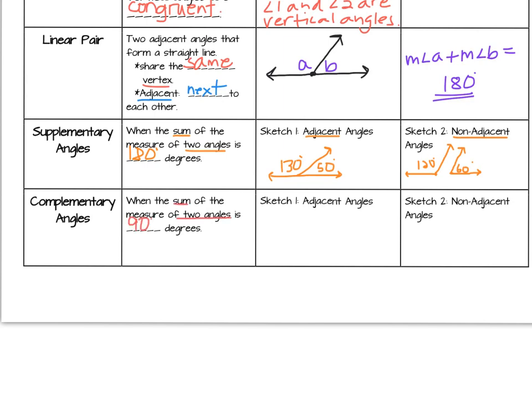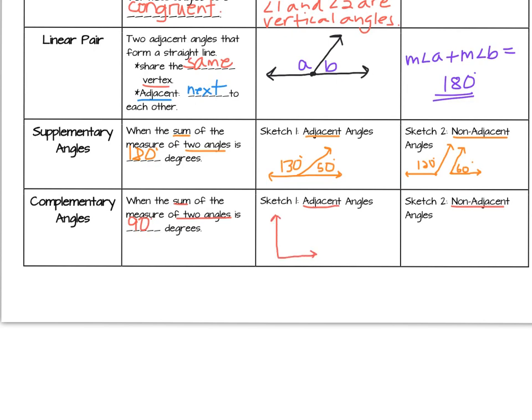Another way to compare the sum of two angles is by using the term complementary. If two angles are complementary, that means their sum is 90 degrees. So if we look again at the words adjacent versus non-adjacent, for an adjacent pair, I'm going to draw what looks like the letter L with arrows at the top and the side. So we're still creating an angle.